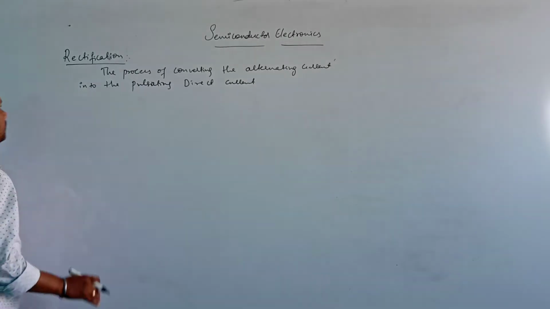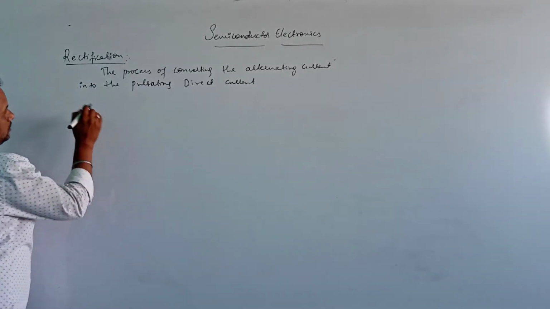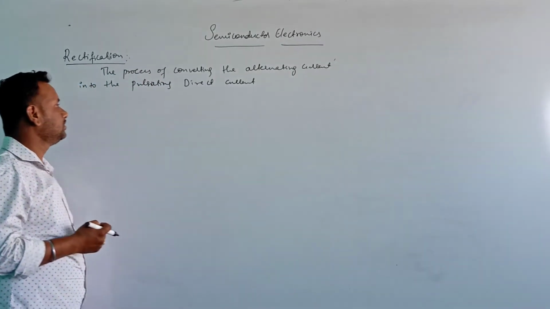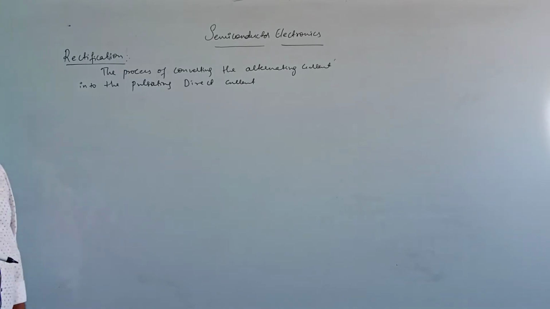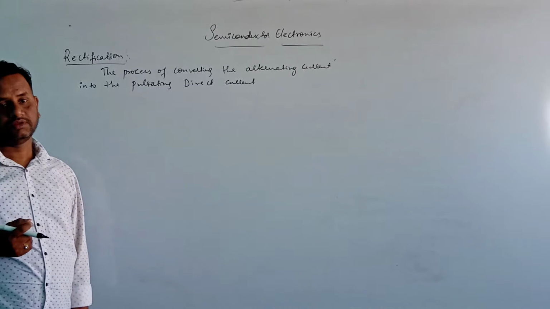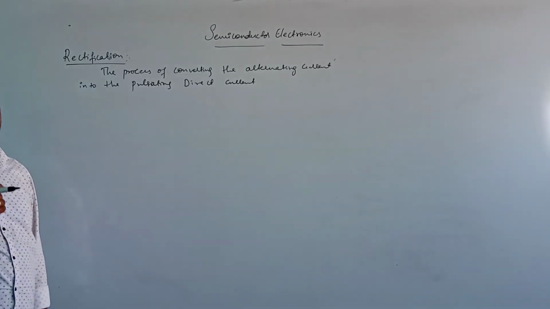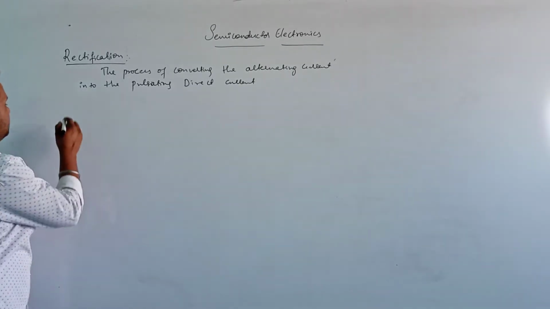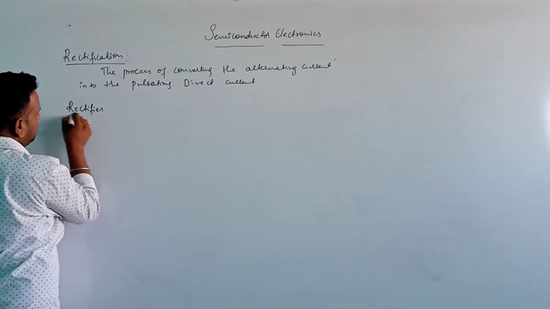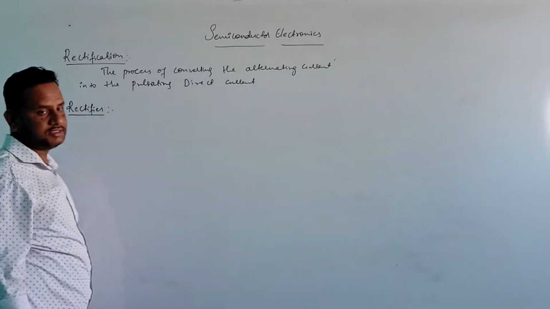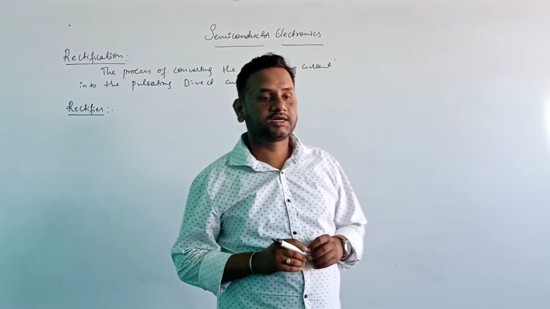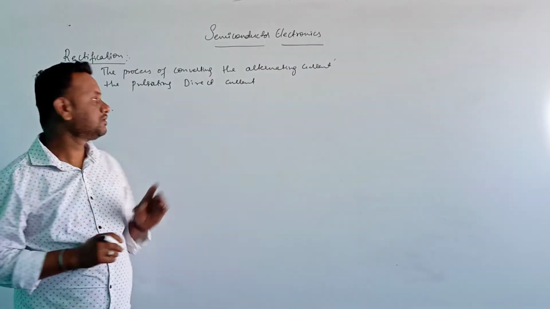To convert this alternating current into pulsating DC current, we use a device. The device is called a rectifier.